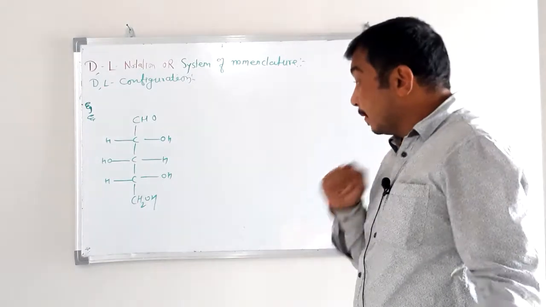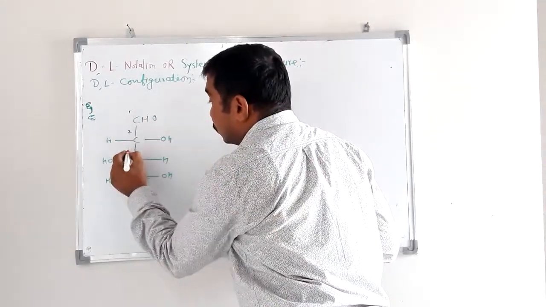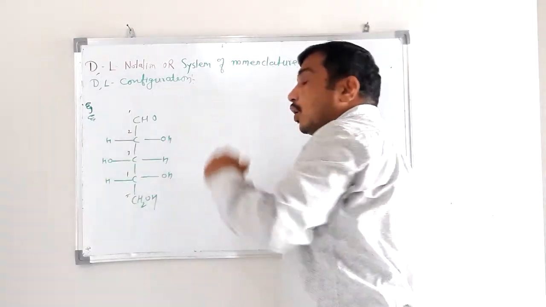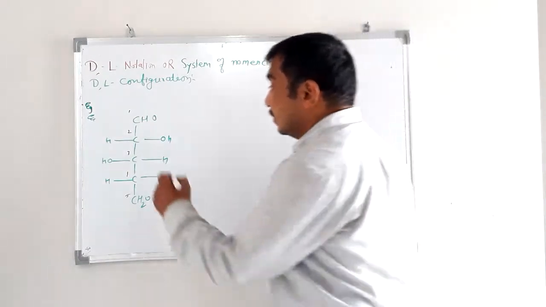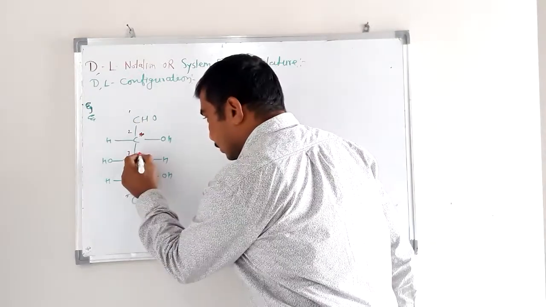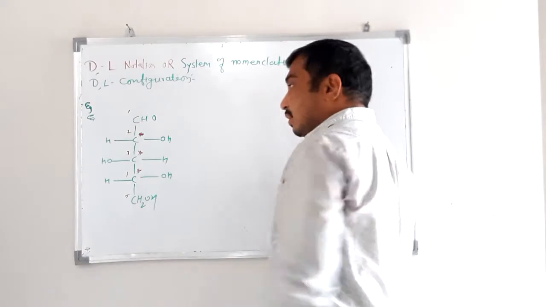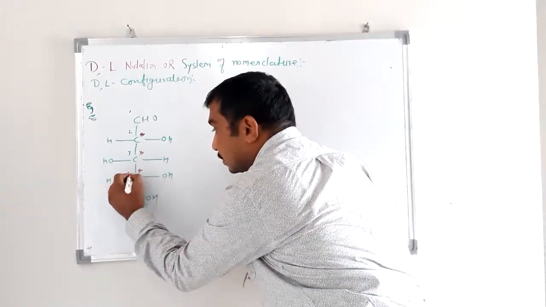This is carbon number 1, 2, 3, 4, 5. In this molecule, how many carbon atoms are asymmetric? Asymmetric carbon means the carbon having 4 different groups. This is the carbon, this is the carbon. These 3 carbons, carbon number 2, carbon number 3 and carbon number 4, are asymmetric.